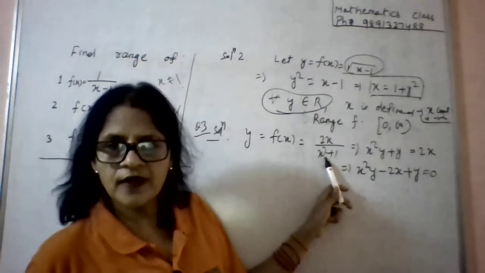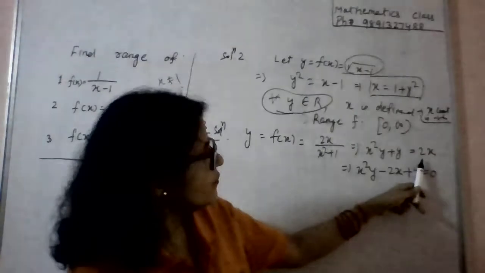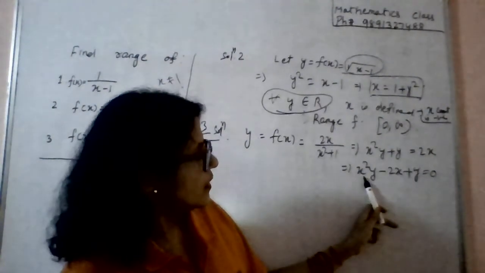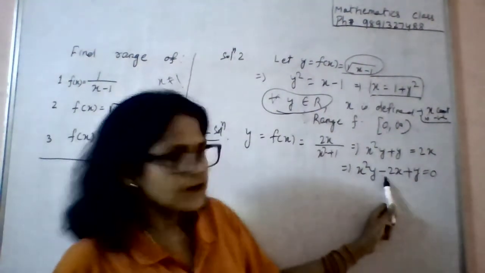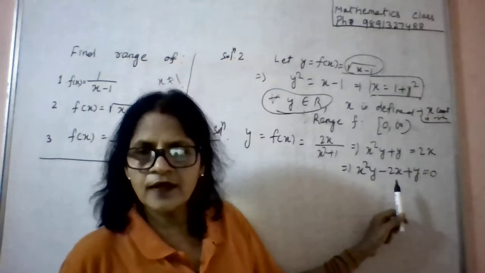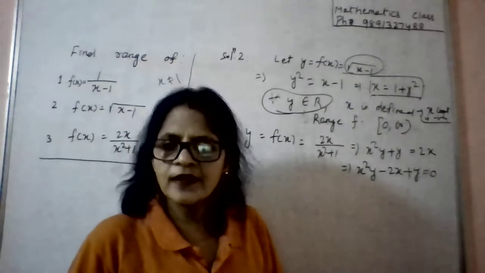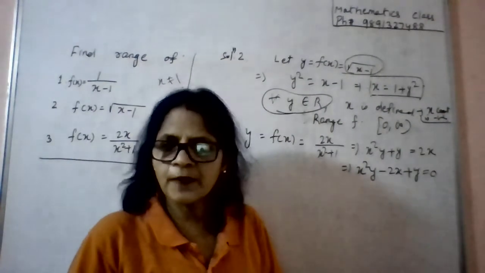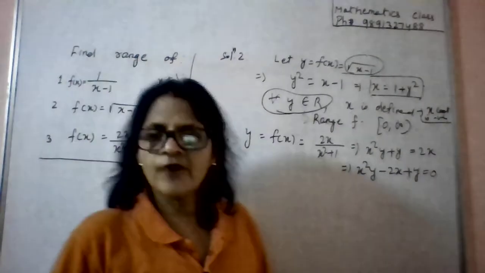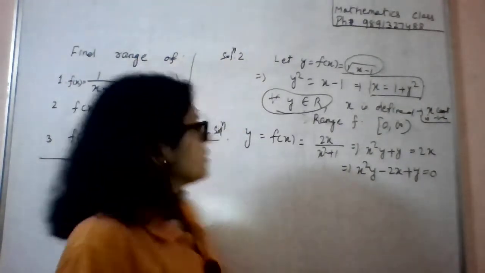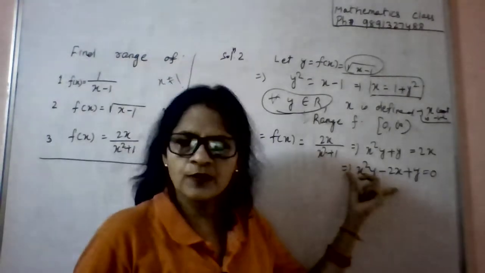So let's view this as quadratic in x. Whenever it is quadratic in x, we can easily find the value of x. Clear? So it means for what value of y x can be real. Because the domain is real numbers, x defined means x should be a real number.